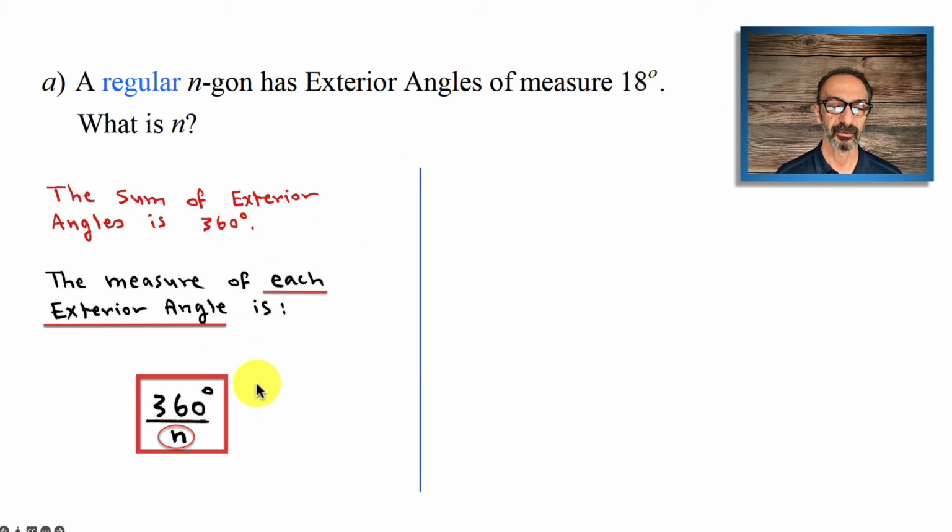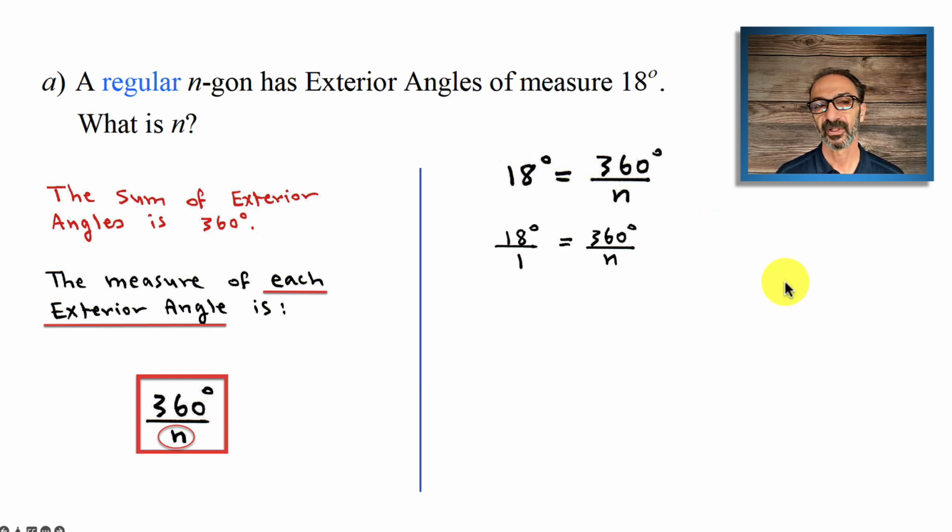What does that mean? It means that taking the whole 360 divided by n, the answer is 18. To simplify that clearly, I'm going to write 18 degrees over 1. So I could do the cross multiply to solve for n. Let's do the cross multiply.